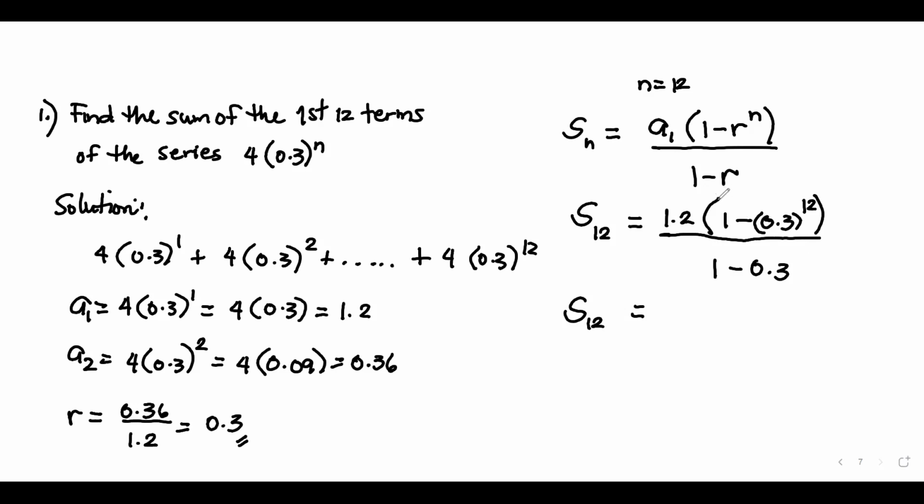Do not forget that we have an open parenthesis here and the close parenthesis here, because only the 0.3 is raised to 12. All over 1 minus 0.3. So the answer is 1.714 approximately.